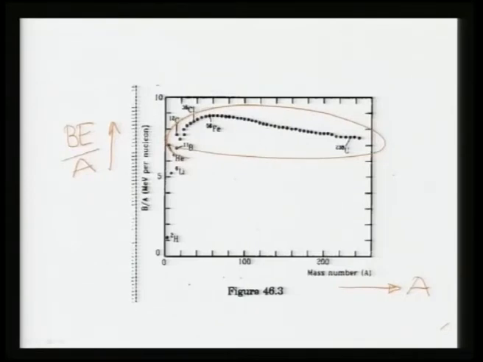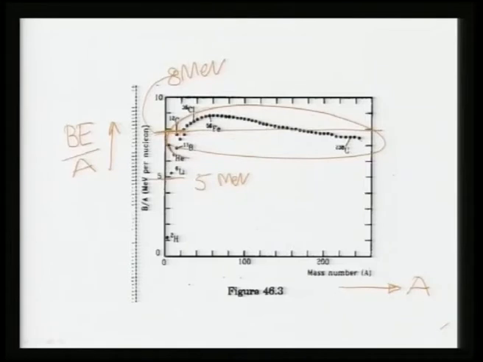What you see is, if you cannot see the value, this is 5 MeV, and this point is 10. So, 6, 7, 8, this point is 8 MeV. If I draw a line from here, everything seems to be around 8 MeV.